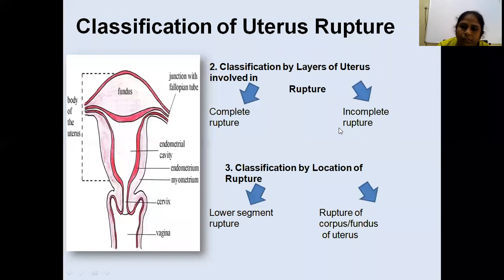The uterus has not completely given way. Why this is important is that in incomplete rupture, the baby can be saved because it doesn't come into the abdomen. Classification by location of rupture is either lower segment rupture or rupture in the fundus. Corpus means body, the fundus or the body of the uterus.